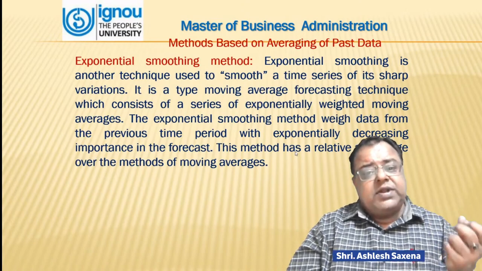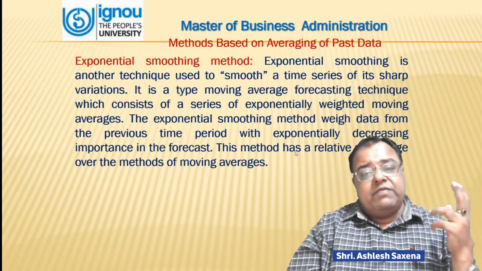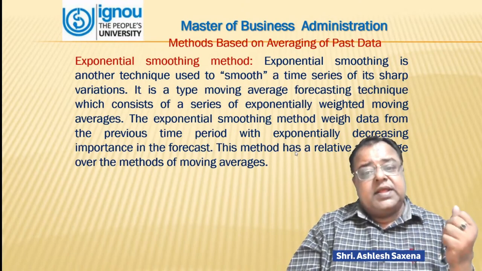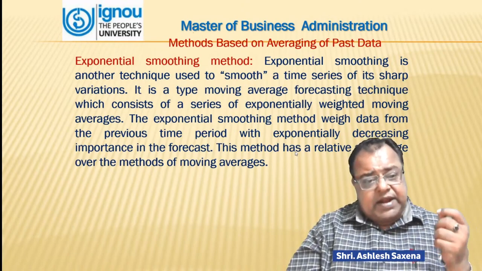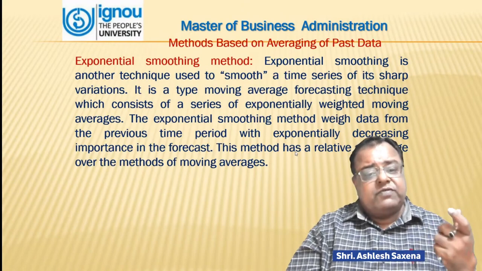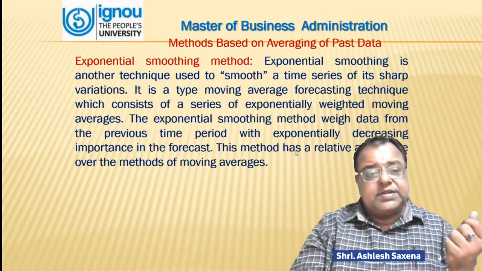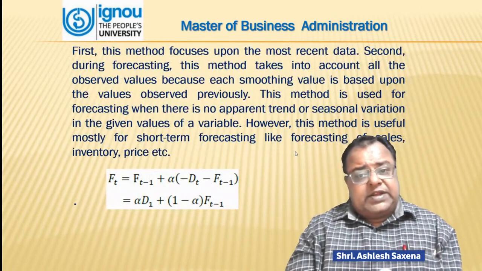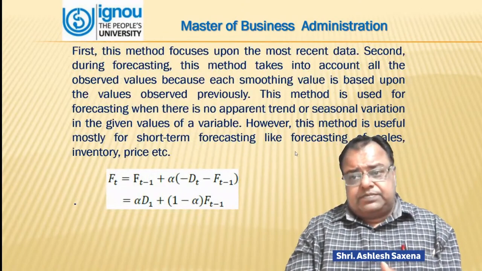The exponential smoothing method weighs data from the previous time period with exponentially decreasing importance in the forecast. This method has a relative advantage over the methods of moving averages. First, this method focuses upon the most recent data.